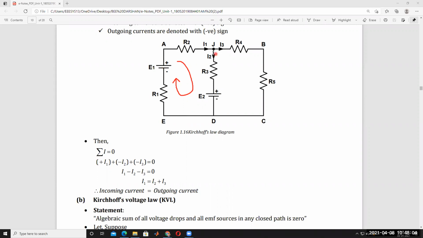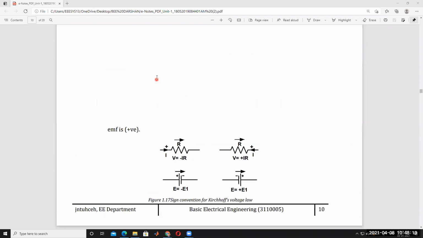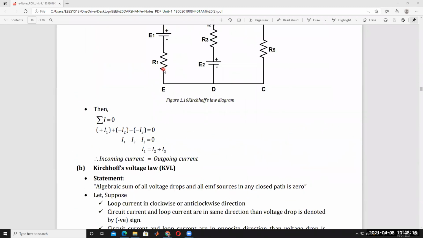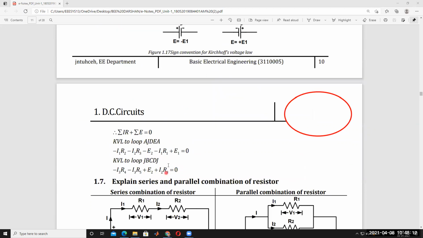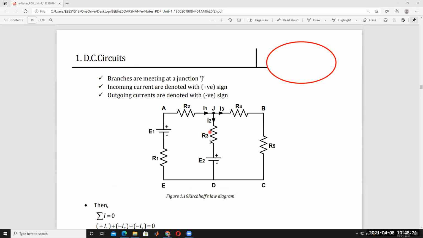But in parallel, the current divides. So this loop current and the branch currents are both the same sign. That's why minus I1 into R1. And then this current I1 enters the battery negative terminal.